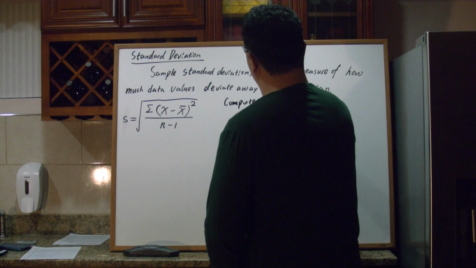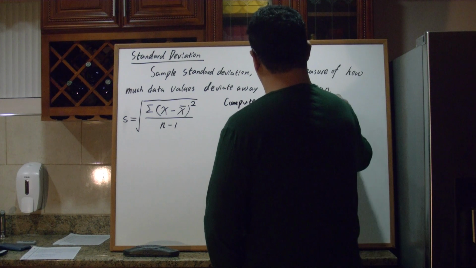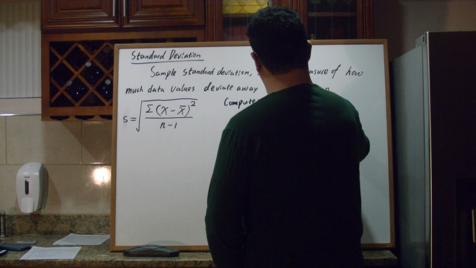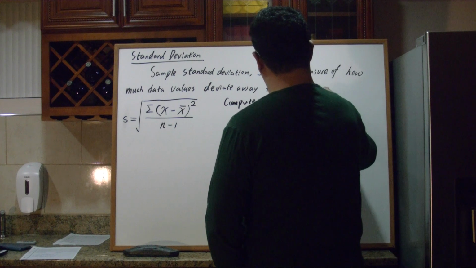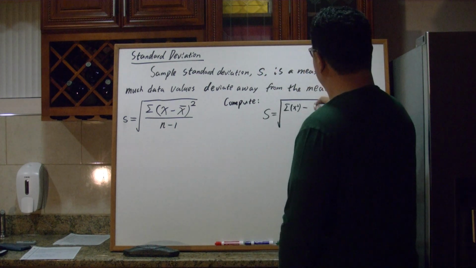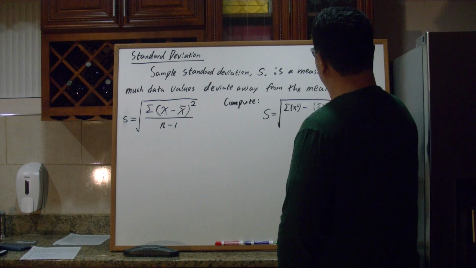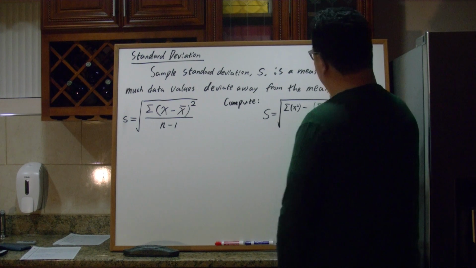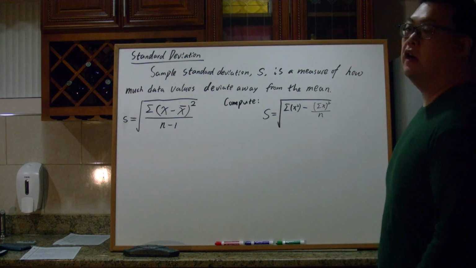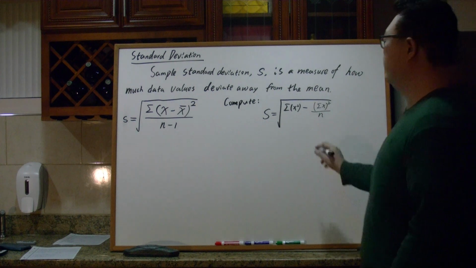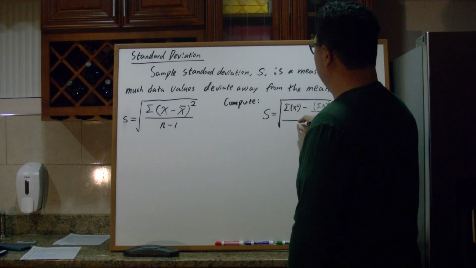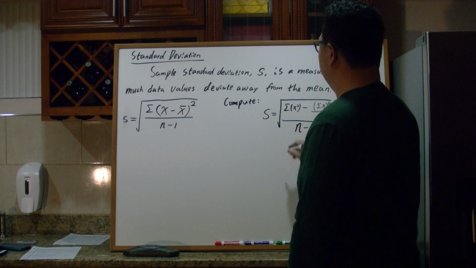We can also use the computational formula: the sum of x squared minus the square of the sum of x divided by n, all divided by n minus 1.